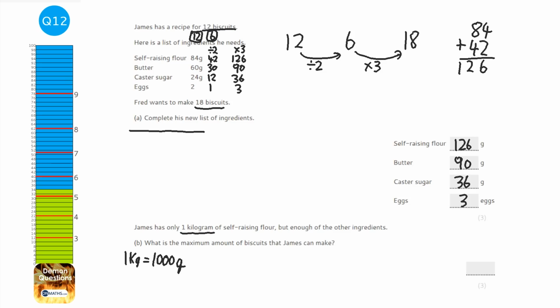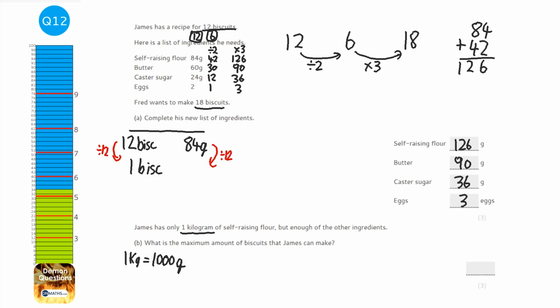So we know that 84 grams gives us enough for 12 biscuits. So I want to work out how much 1 biscuit would be. So I'm going to divide both of those by 12, so that I can work out exactly how many biscuits I can make.